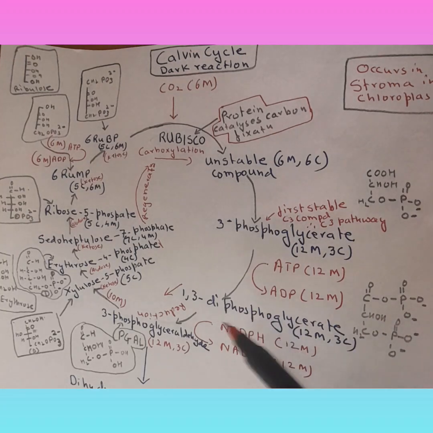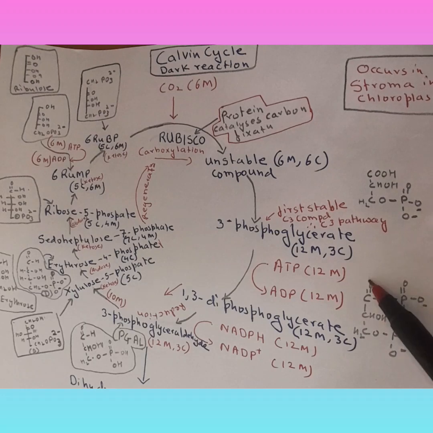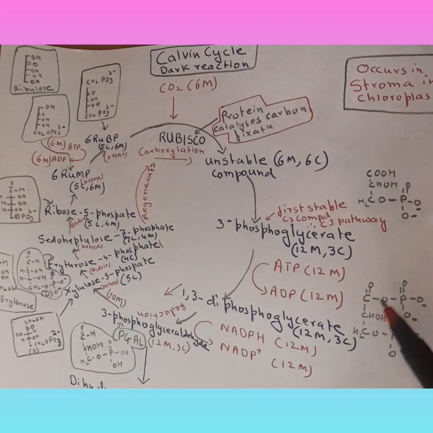Alright, now what happens next? Now next it forms 3-phosphoglyceraldehyde. Now we all know this was the acid part. We all know acid gets converted to aldehyde on reduction. So we need hydrogen. So we have NADPH to provide hydrogen, forming NADP+. Obviously 12 molecules, so we require 12 molecules of NADPH for reduction of the acid to aldehyde.